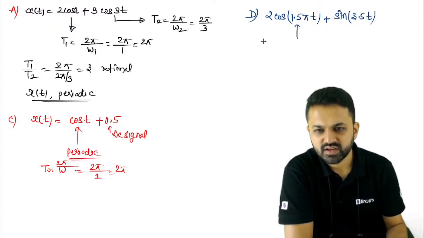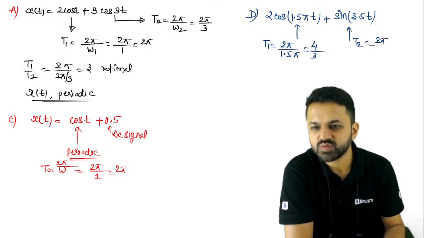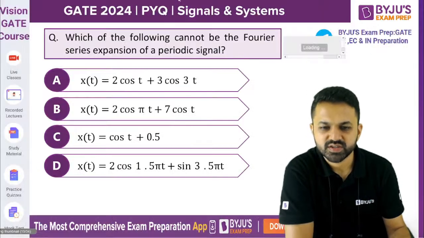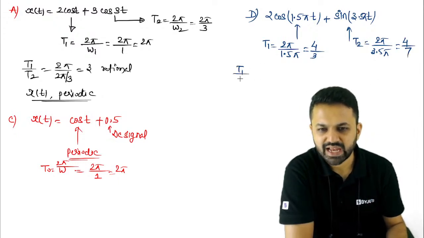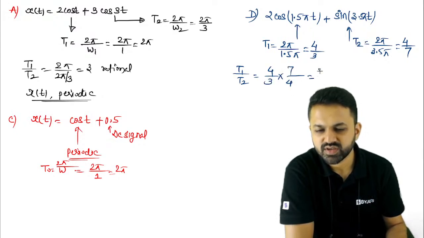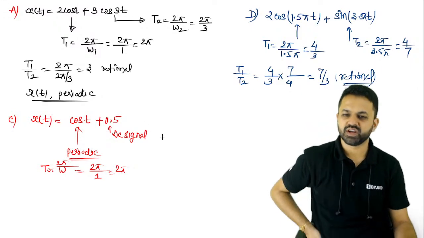So for this T1 is equal to 2 pi by 1.5 pi, so it is 4 by 3, and for this T2 is equal to 2 pi upon 3.5. It should be pi, no? Yes, it is pi. So pi and pi will get cancelled and we will get 4 by 7. Now if I calculate T1 upon T2, this is 4 by 3 and 4 by 7, so we are getting 7 by 3. It is a rational number. So all these three are periodic signals.